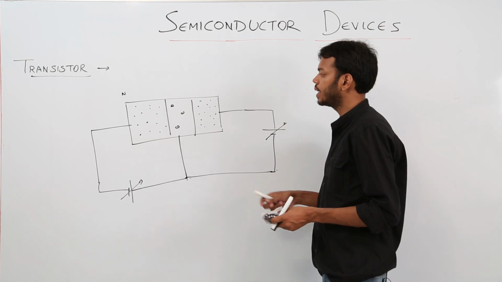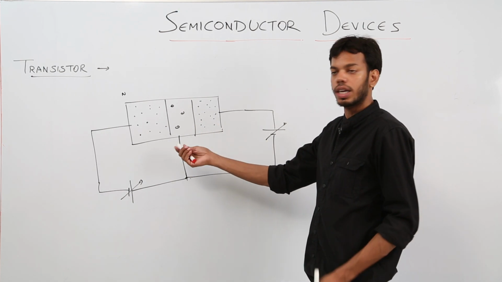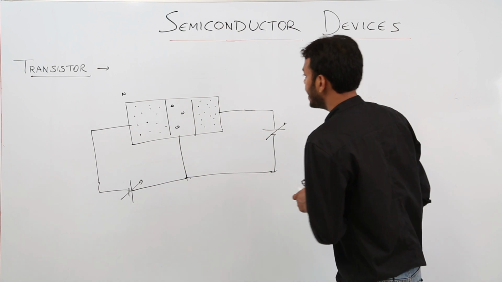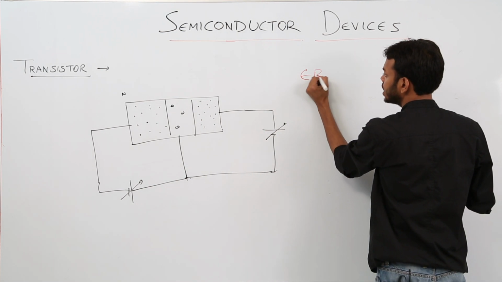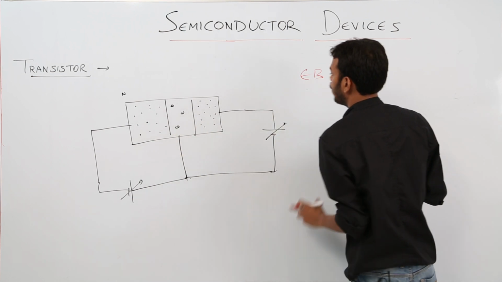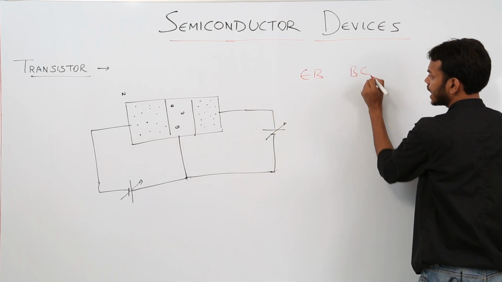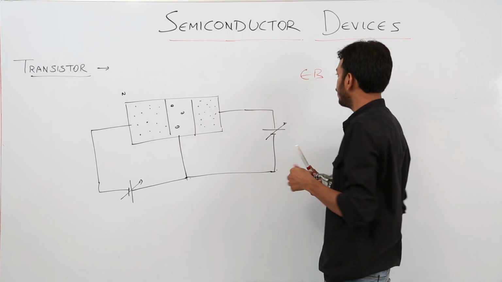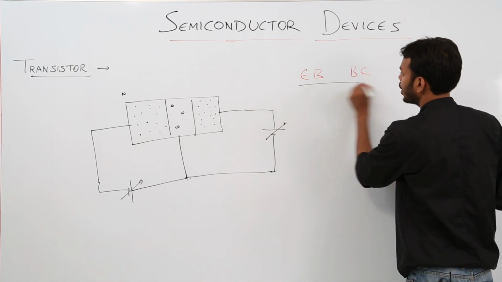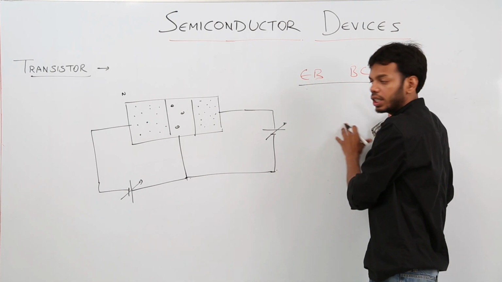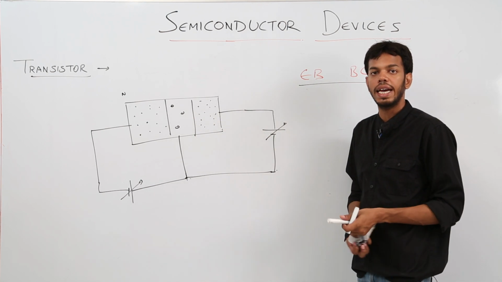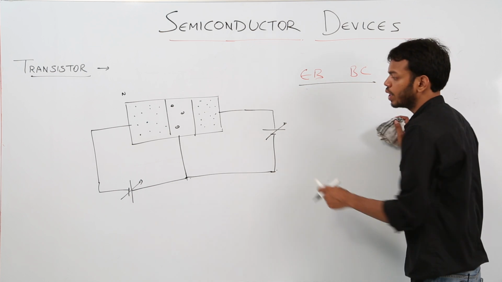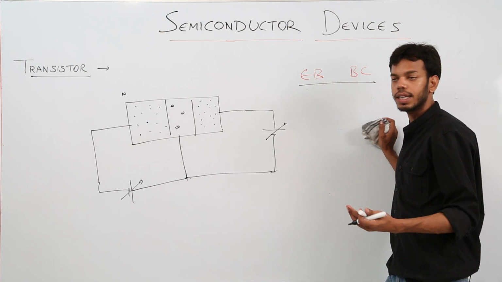That is because of this region, which is what? Base and collector region. We are dealing with two different regions simultaneously. One is our emitter-base region, this one is our base-collector region, right? We are going to come back to this point again, but in these two junctions, the base and collector region are reverse biased, and in reverse bias we need a higher supply of voltage just to flow the current, right?